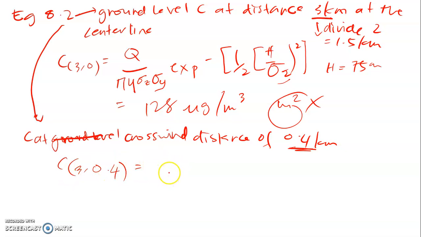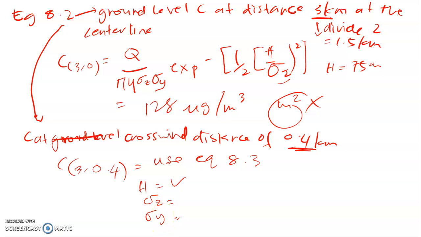You use equation 8.3. In there, you have the H value, and you have sigma Z and sigma Y, and you know how to find these.